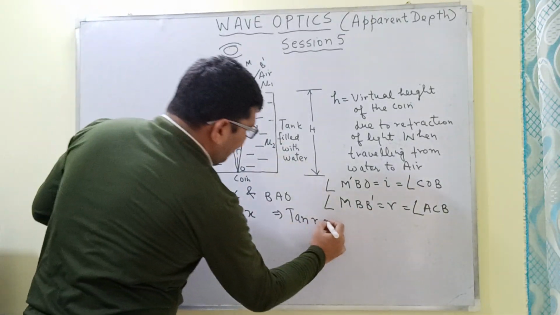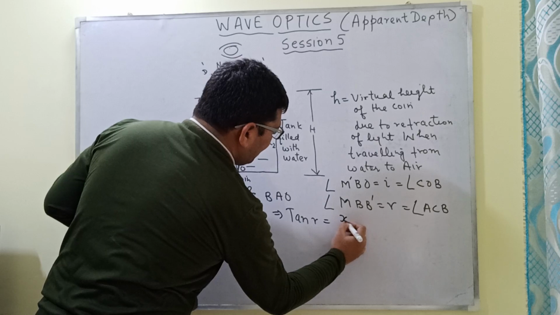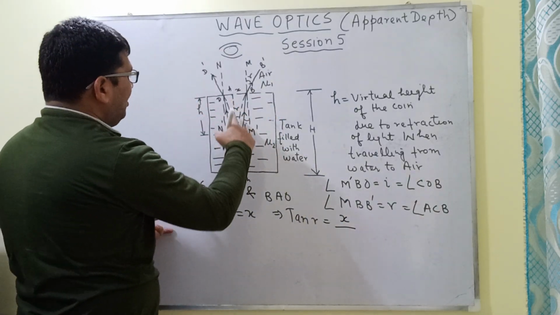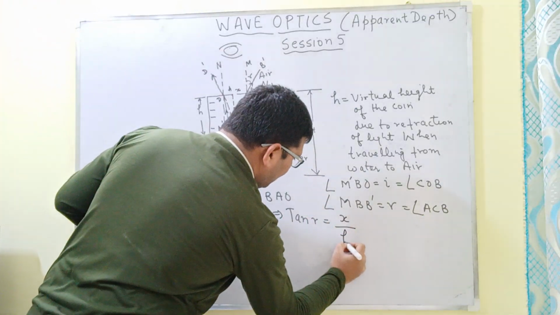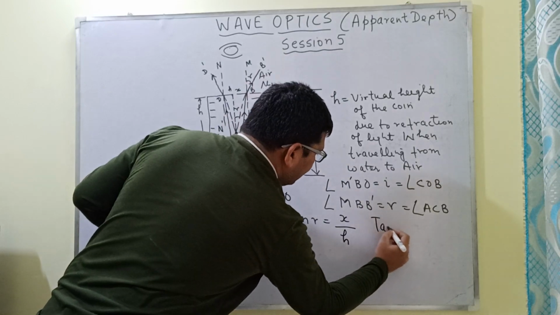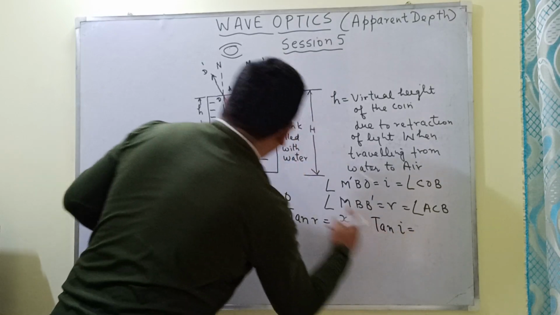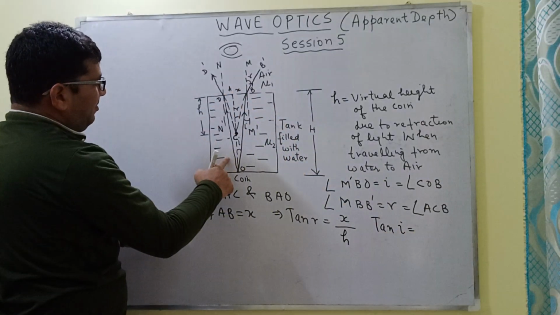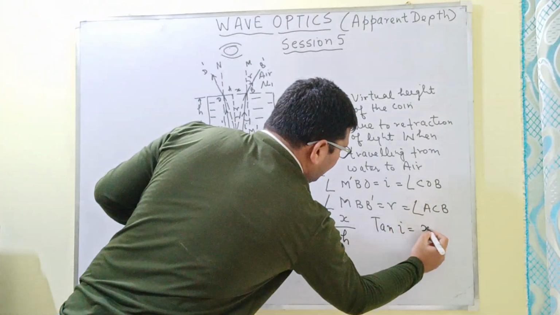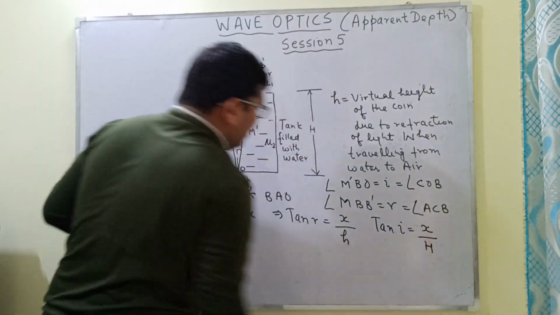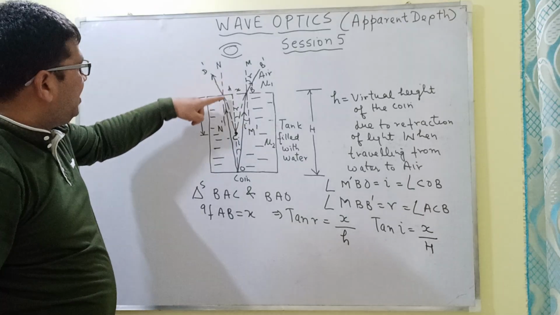So tan R will be equal to x upon h, and tan I will be equal to perpendicular upon base. So this will be equal to x upon h. Tan R will be equal to AB upon AC.